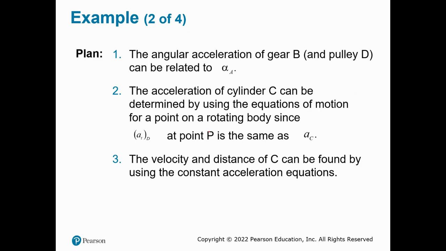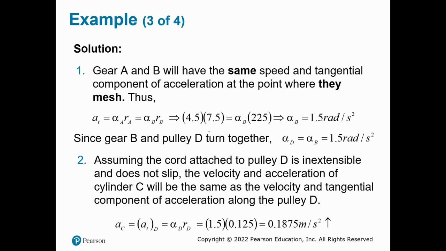Being said, when we say A and B share the same tangent component, they have the same tangent acceleration. Alpha A RA, alpha B RB is the same thing because they share the same linear velocity and same linear acceleration.